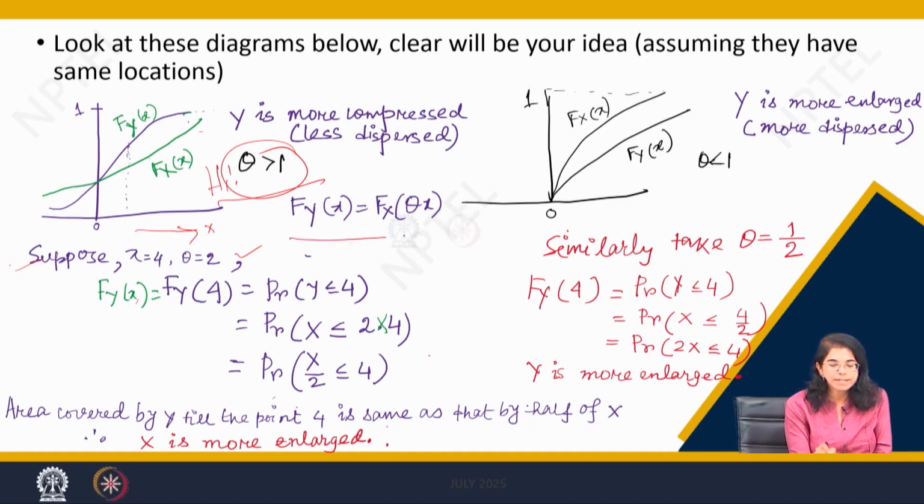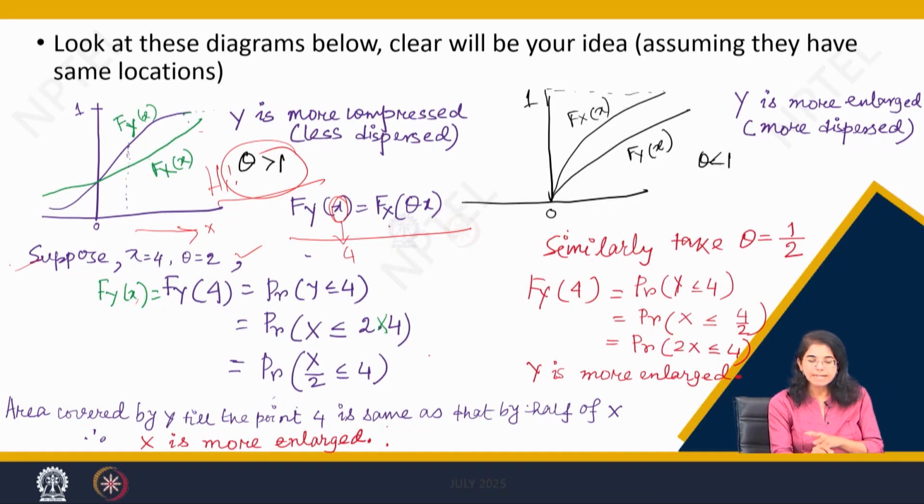Because what is my alternative hypothesis? F_Y(x) is equal to F_X(θx). So when I am writing small x is 4, in terms of the random variable capital X we have to write 2 into small x, where 2 is the value of θ. So writing Y less than or equal to 4 is the same as writing X less than or equal to 2 times 4. Clear?